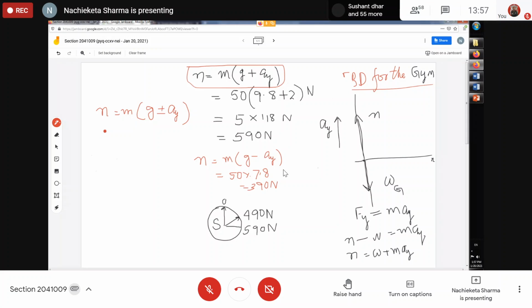N will be 0 means g plus or minus a_y is equal to 0, or g is equal to a_y. That means only with the negative acceleration, the deceleration, is that possible, because positive will not give you that, as the normal force has to be 0. So when g is equal to a_y, at that time N is equal to 0.